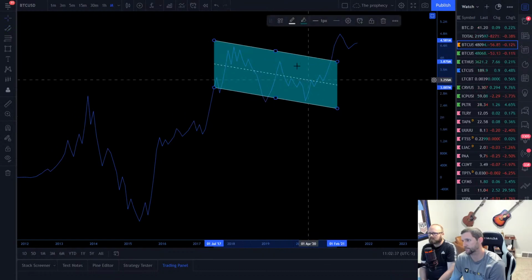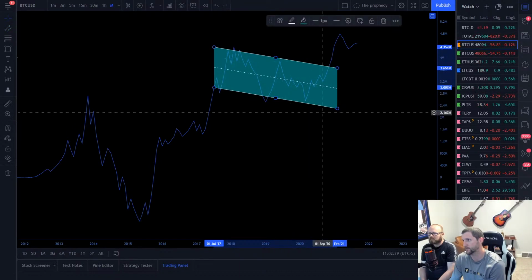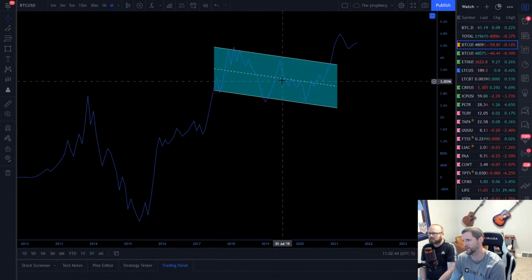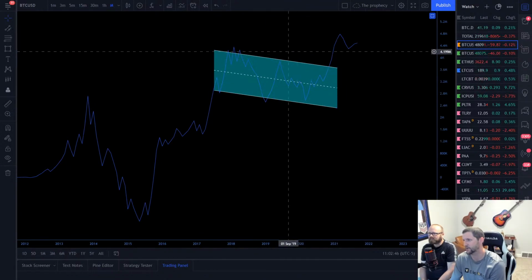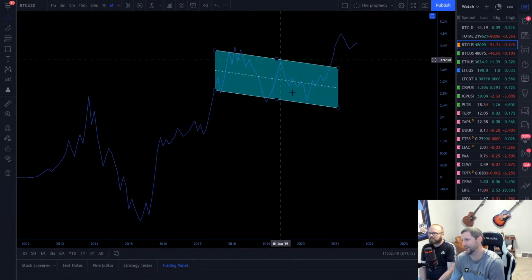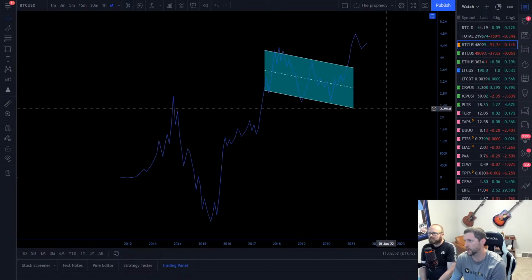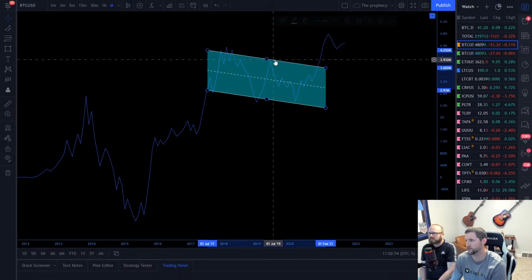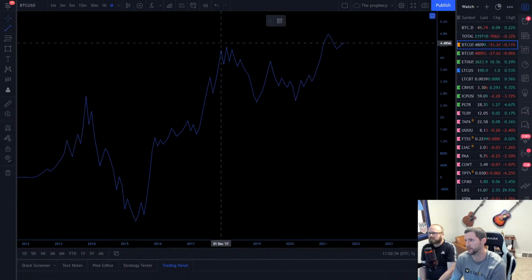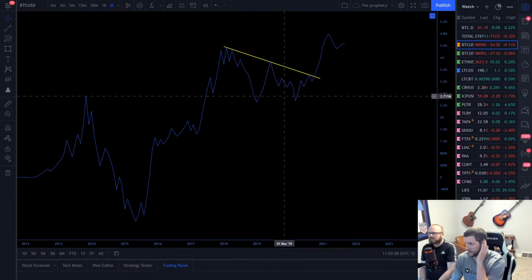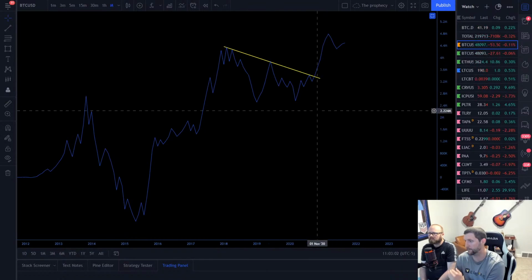Just trying to get these involved. In OBV, the lines are never going to be quite as perfect usually as price action. But maybe something like this is a channel and we broke out. Maybe we retest it. Who knows? But there's definitely a clear downtrend line here. This is pretty clear. So inverse head and shoulders, breakout, bam.